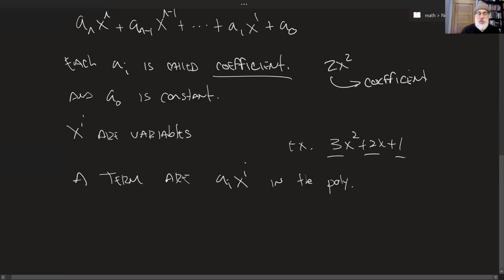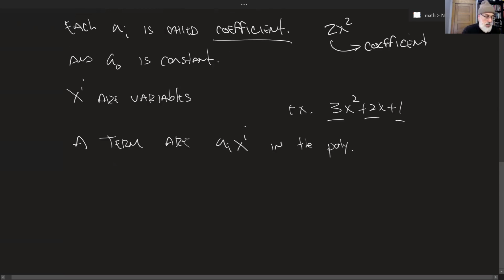Each of these we consider to be a term in the polynomial itself. So that's what a term is defined as.